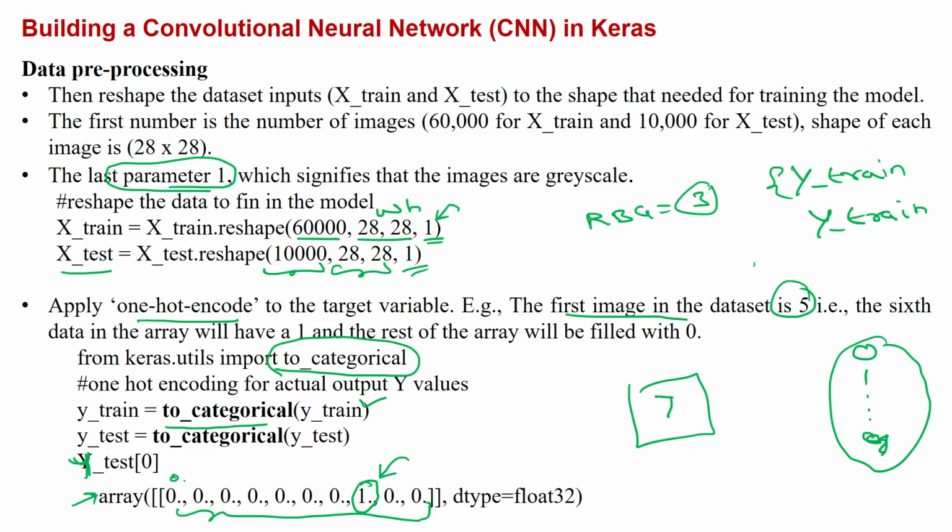So 0, 1, 2, 3, 4, 5, 6, this is 7, 8, 9. The remaining digits are represented as zeros, only the 7 is indicated with the highest probability 1. Like that, the testing variables and testing actual outputs are also converted into one hot encoding.